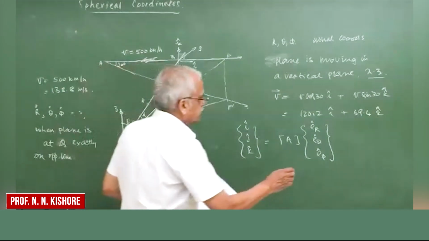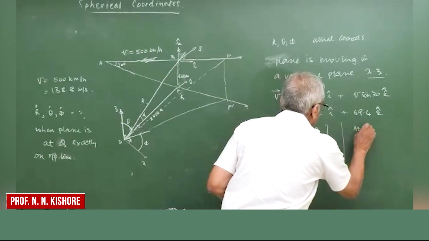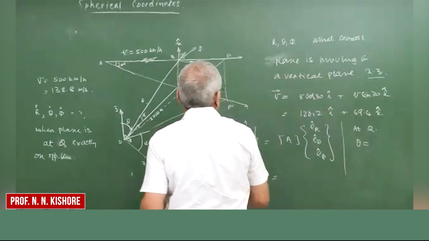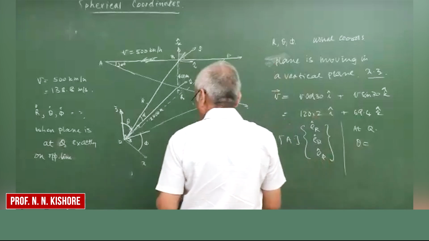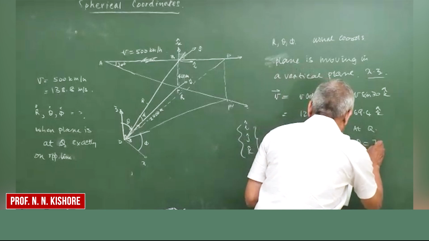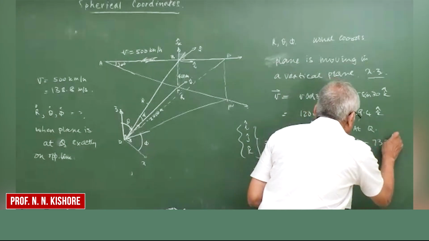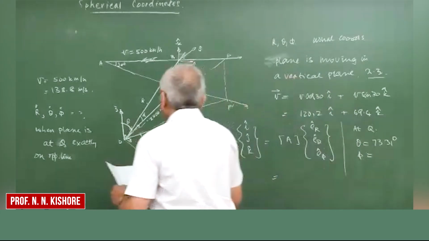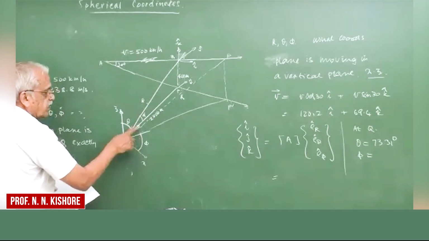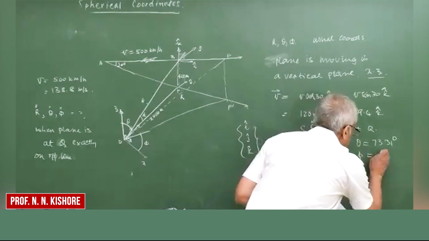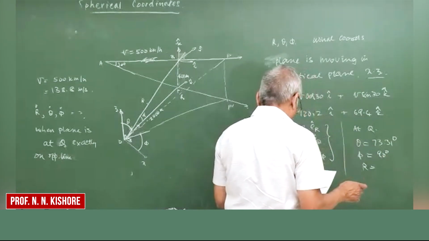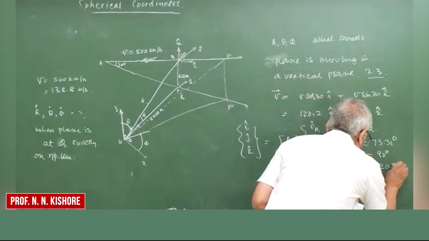At the point q, theta is how much? Theta we found out, so theta is 73.31 degrees. And what is phi? Along this line at q, phi is going to be 90 degrees, and r we have: r is 2088 meters.